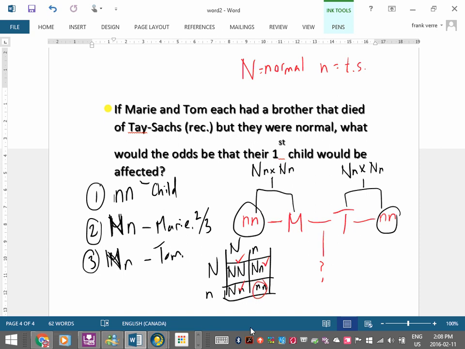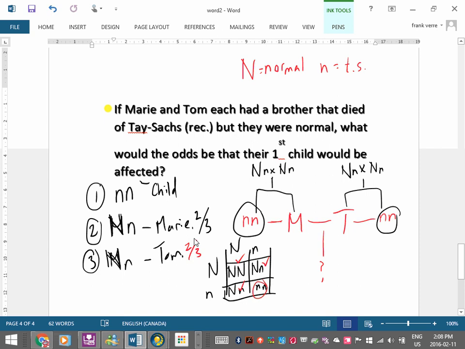Therefore, Marie has a 2 in 3 chance of being a carrier, not a 2 in 4 chance. She can't have the disease, she'll be dead. She won't get old enough to have a child. Tom? Same thing. 2 out of 3.